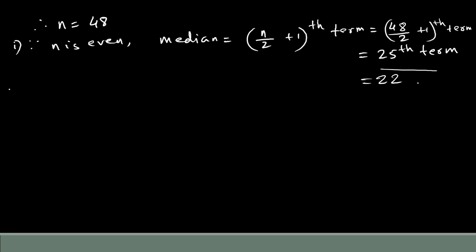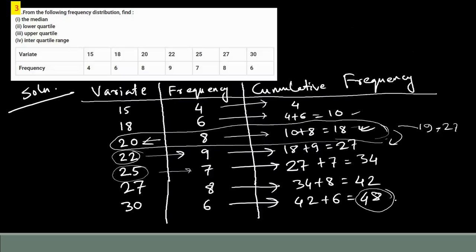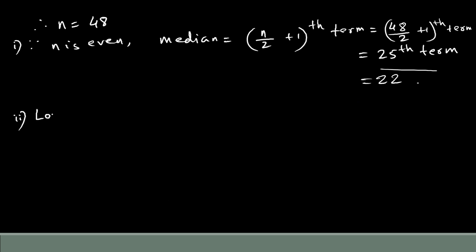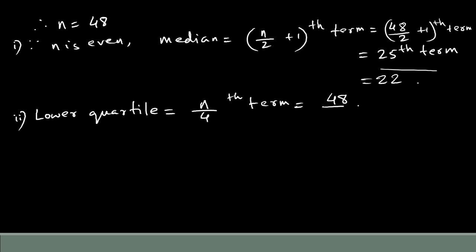Now this was your first problem, the answer to our first problem. Then they asked us for the lower quartile. The lower quartile is simply the n by fourth term. Our n is 48 divided by 4, that is the 12th term.